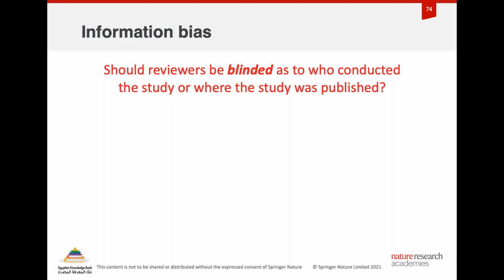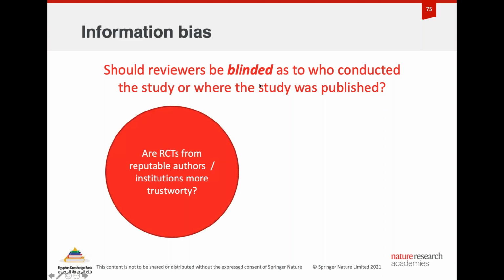And they're just simply giving that data to the extractors and saying, okay, extract this data, analyze this data, evaluate these biases. The reason for that, or the concern that people have, is whether RCTs, or randomized controlled trials, or observational studies, any kind of studies, from a reputable author or from a prestigious university or institution, does that necessarily mean that they're more trustworthy?